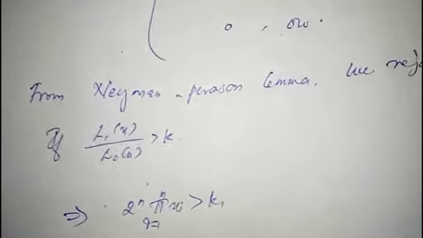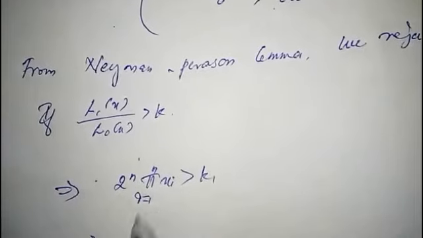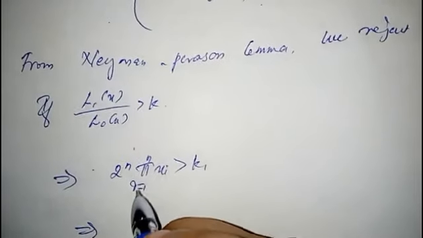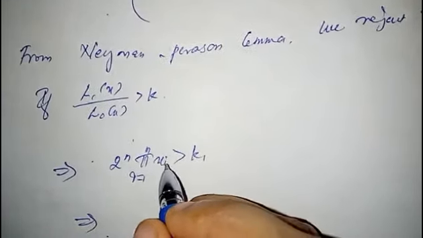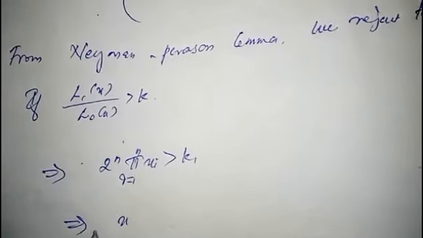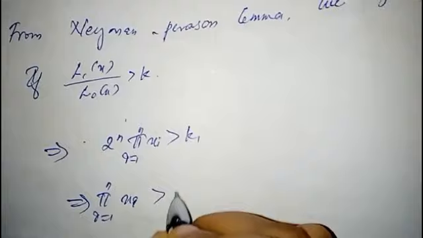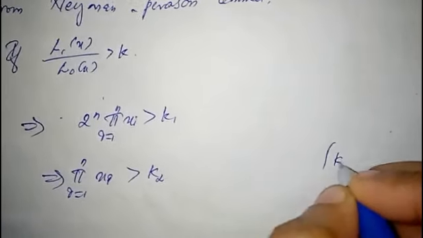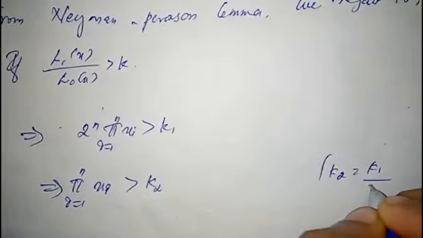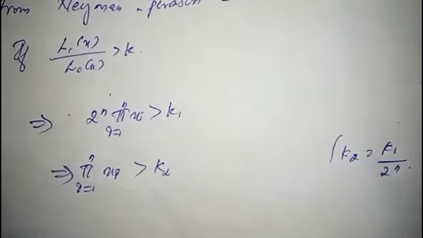The function of the random variable is the product of xi, so the product from i = 1 to n of xi is greater than k2, where k2 equals k1 divided by 2 to the power n.